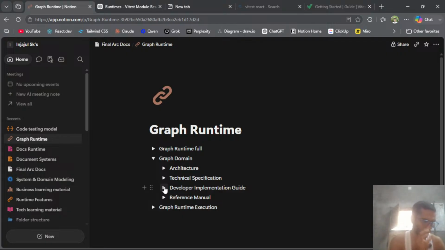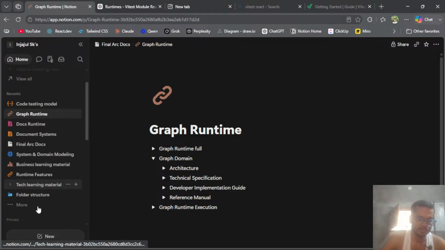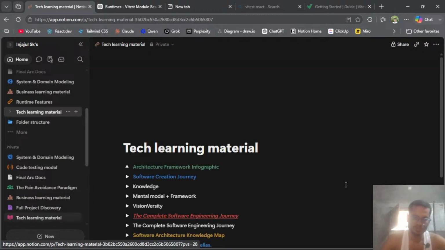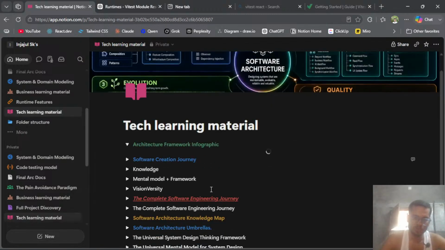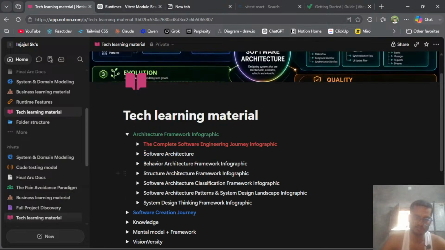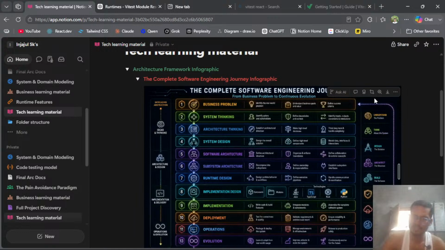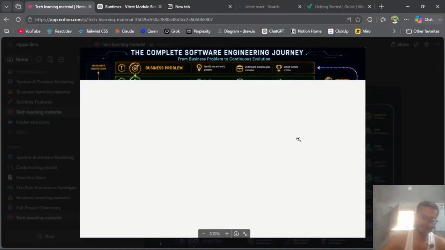If you understand the role of a senior developer, their role is simple: design the end-to-end system. But let me show you the mental model so you can understand what I'm talking about. I created this based on my understanding.